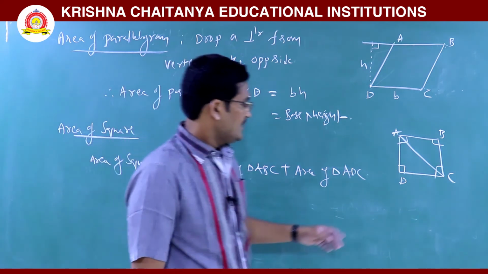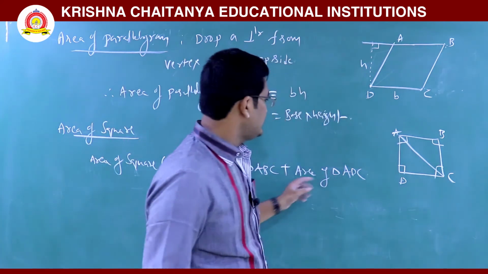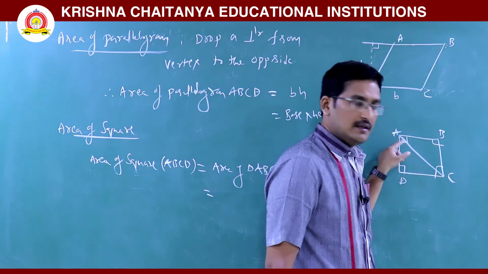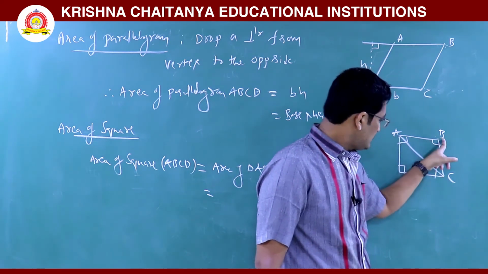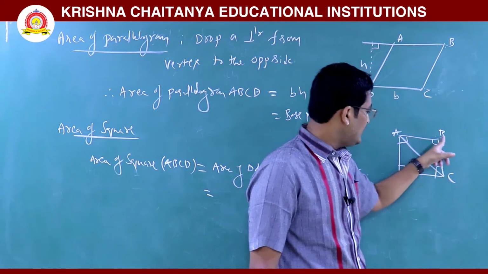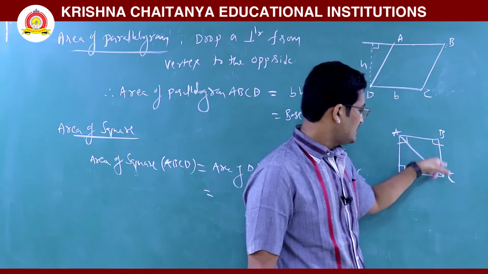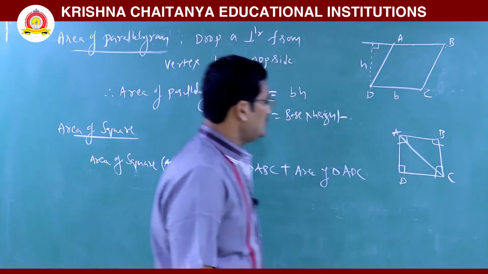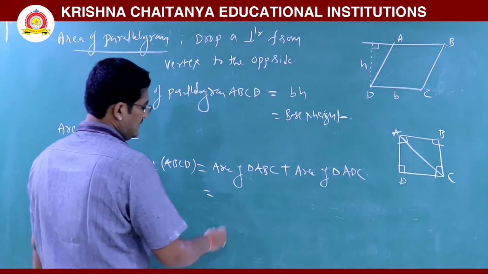So what is the area of triangle ABC? Suppose this is the base, then this is the height, the altitude. So half into AB into BC is the area of triangle ABC.